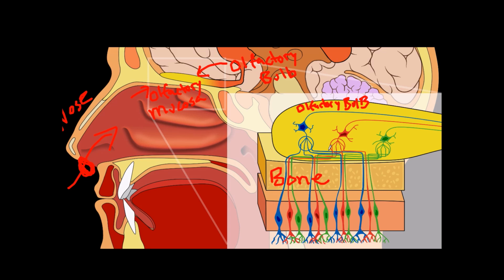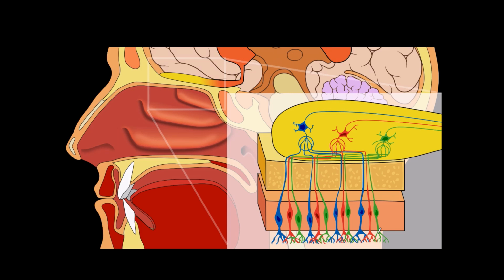So let's go ahead and clear all that off here just for a second and look a little bit more at this. So down here in the olfactory mucosa, what you're seeing is these blue, red, and green olfactory receptors.